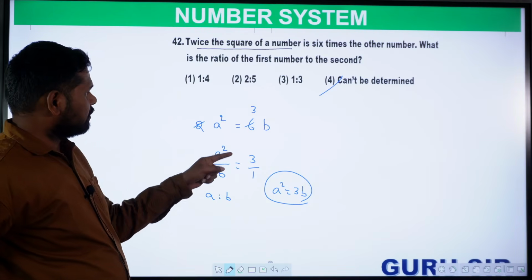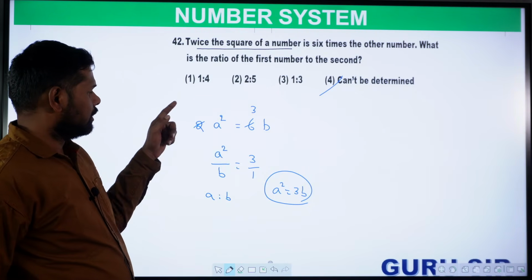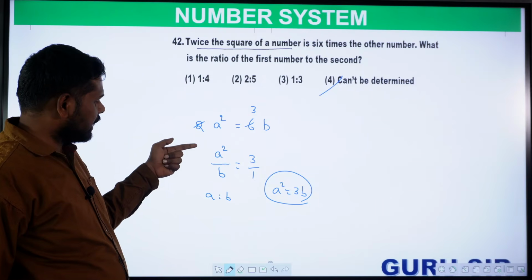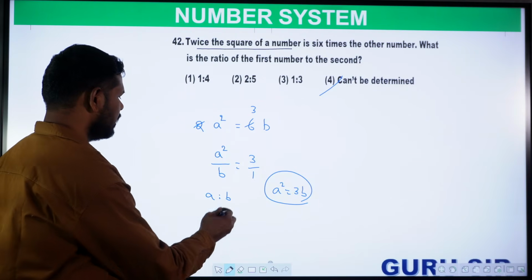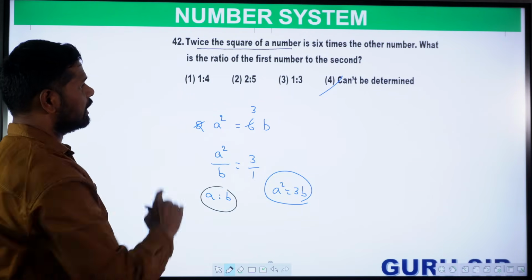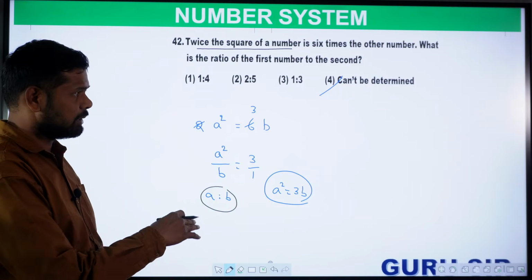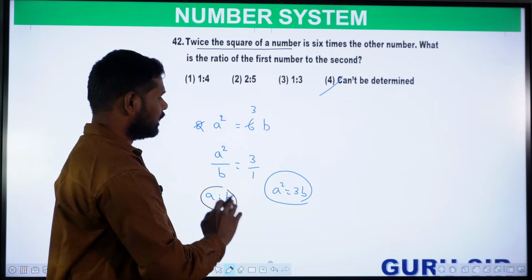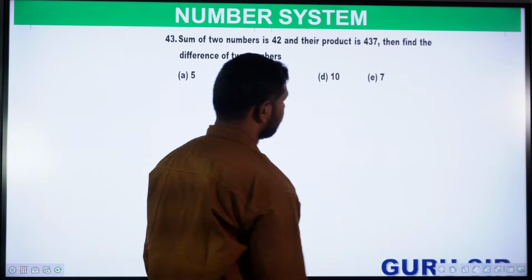The ratio here is A square to B, not for A to B. They are asking about the ratio of first number to the second number. That's why it is not possible to find the ratio based on given data. Next one.